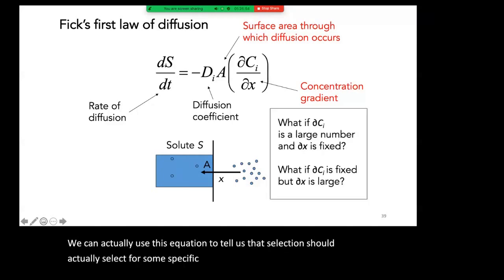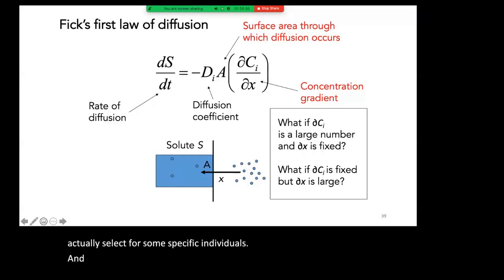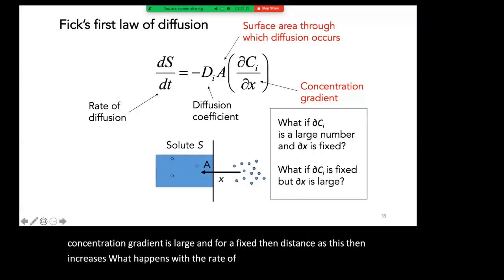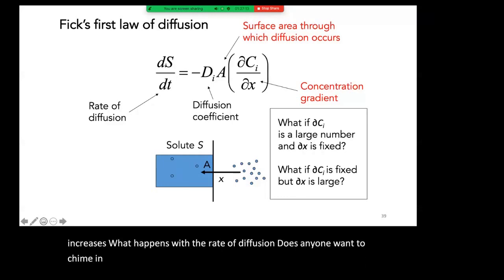When you see an equation like this, I'll ask you questions like, what if this concentration gradient is large and for a fixed distance? As this increases, what happens with the rate of diffusion? Does anyone want to chime in really quickly?